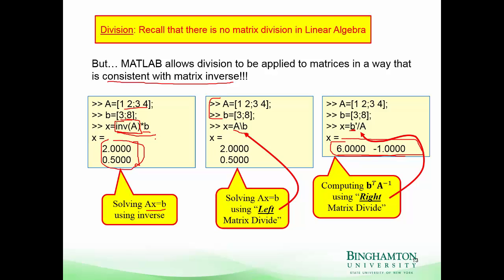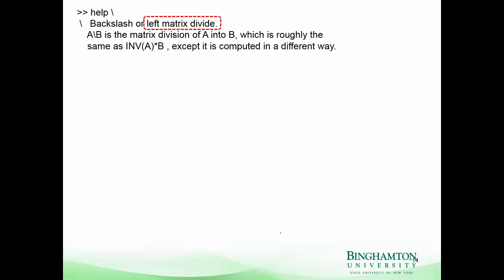I mean, aside from the fact that it's a different shape, the first solution was a 2 by 1 and this is a 1 by 2, but the values aren't the same. So what we're really doing there is taking B transpose and multiplying it from the right by A inverse. So notice that that's why these things are called left matrix divide and right matrix divide.